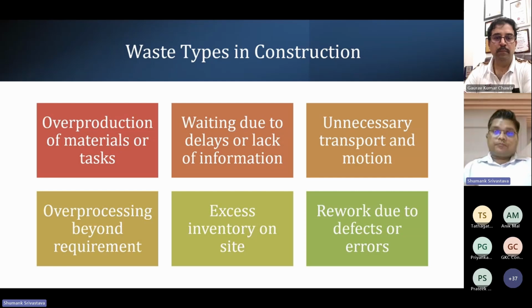In construction, if there is a defect in the work, then rework is required, which costs the contractors a lot. So these are the kinds of waste that we come across in the construction sector.